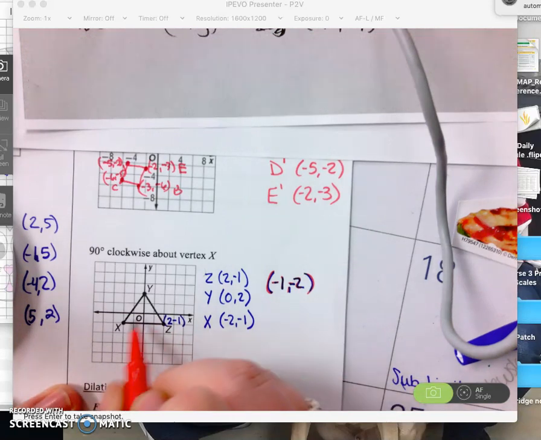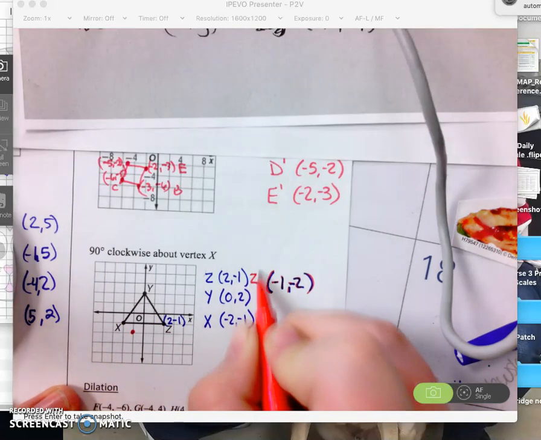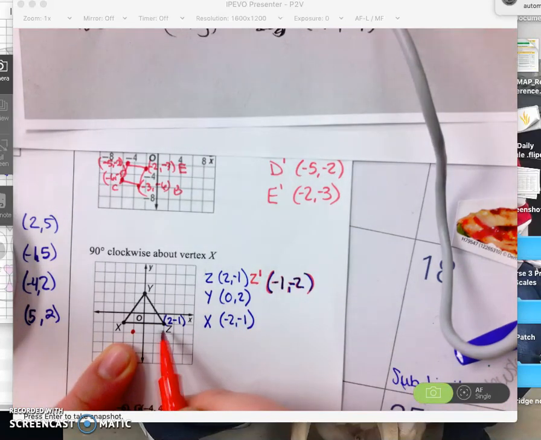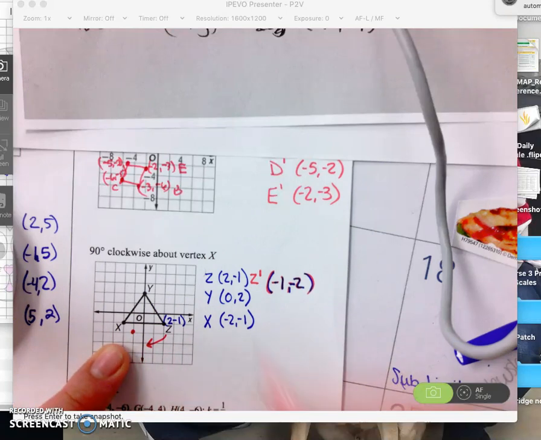So -1, -2, 1, 2. Now if this is Z right here and Z prime is here, is that a 90 degrees clockwise? Well, think of a clock, so I need to be going that way, and 90 degrees is just one quadrant over. So it looks correct.